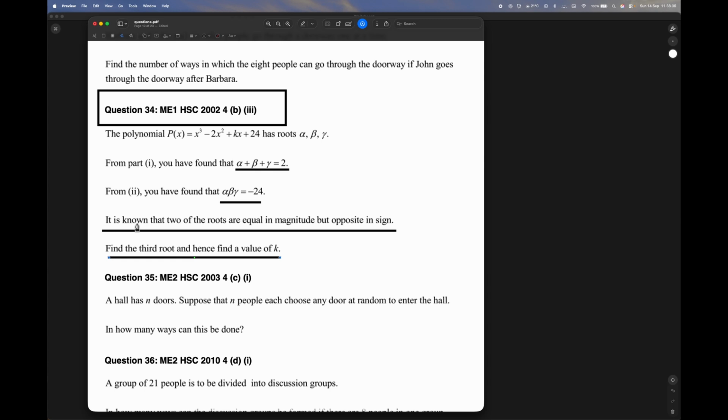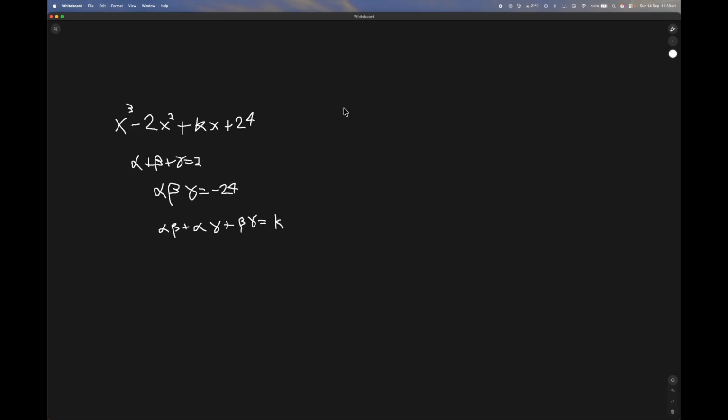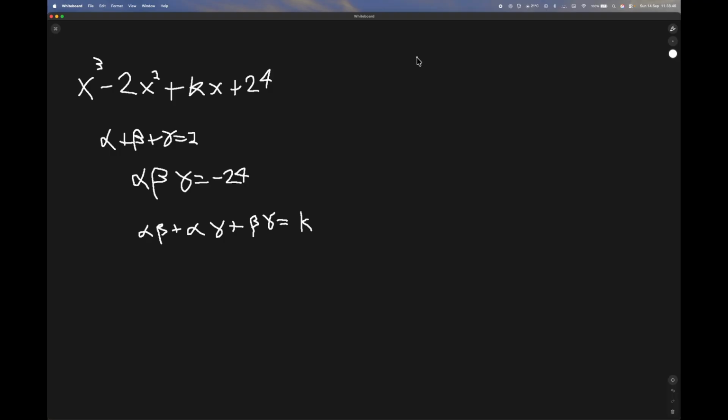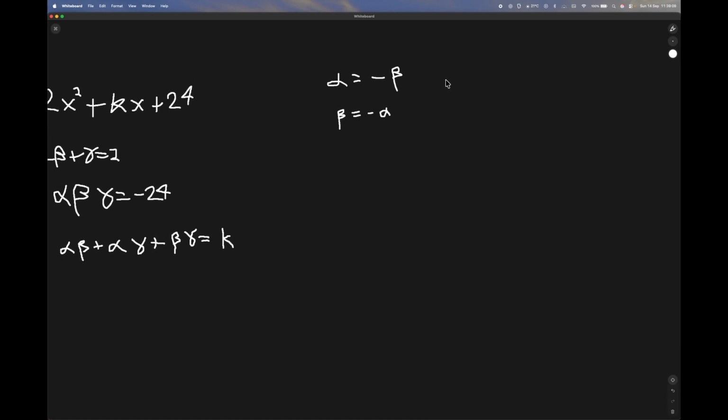It's known that two of the roots are equal in magnitude but opposite in sign. So, what do we know by that? We know that alpha is equal to negative beta. Or there's a lot of things it could be.